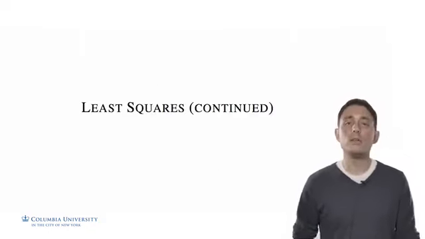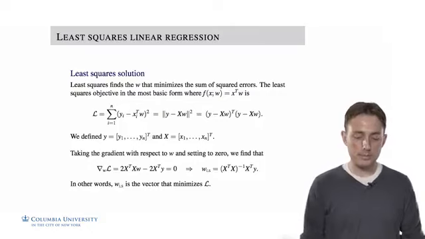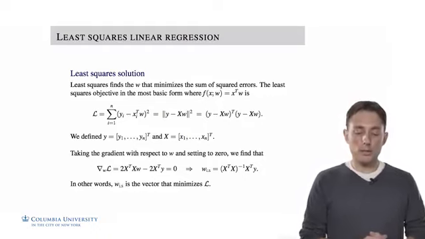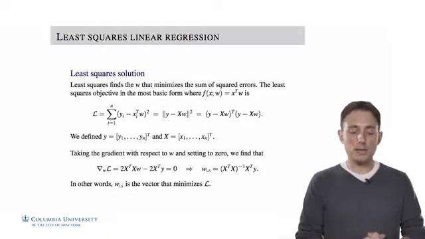So let's continue our discussion on least squares. Again, to review, the least squares objective function finds the value of w that minimizes the sum of squared errors.